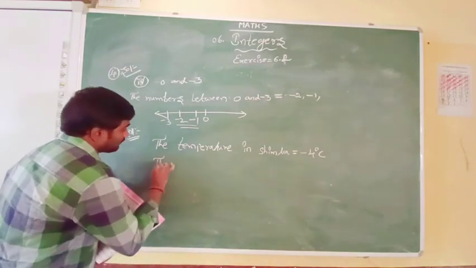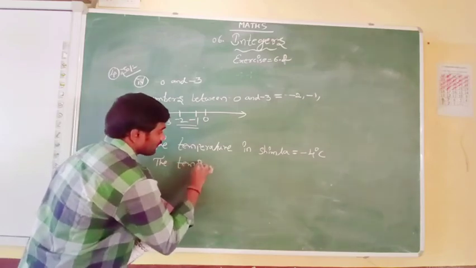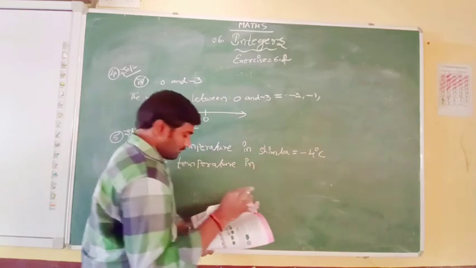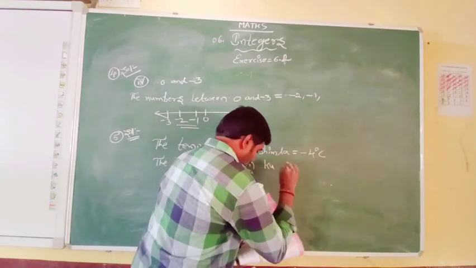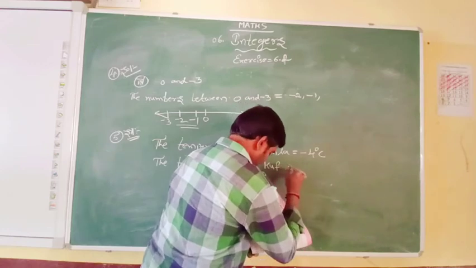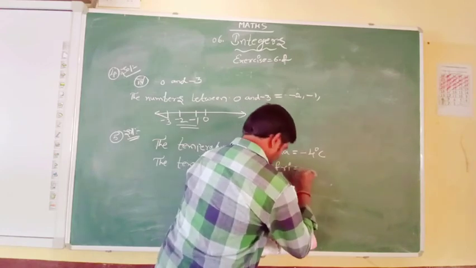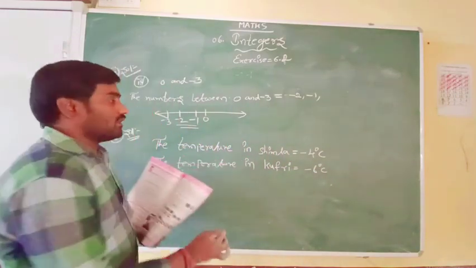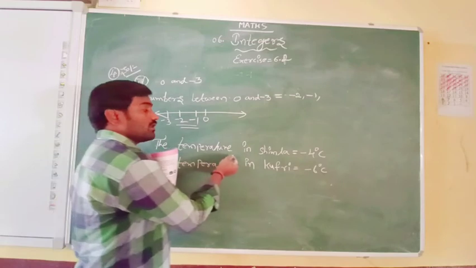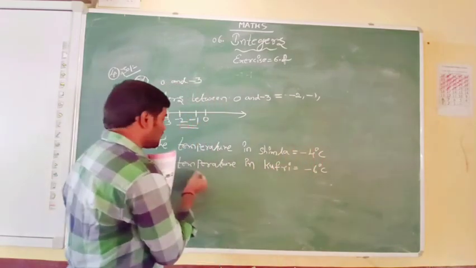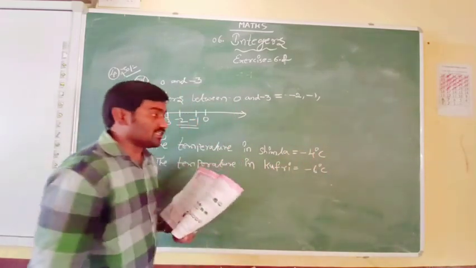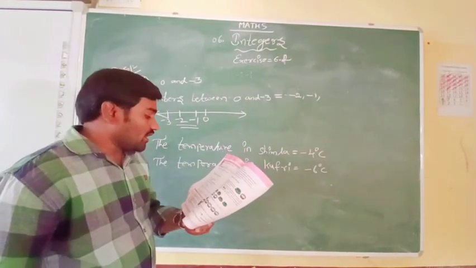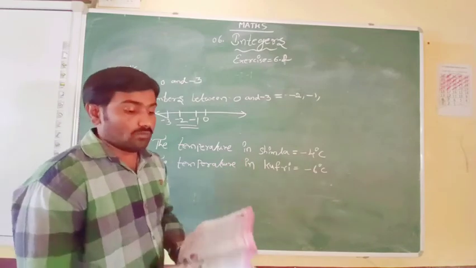The temperature in Kufri is minus 6 degrees centigrade. On the same day, the temperature of Simla is minus 4 degrees centigrade. Which place is colder on the day and how?